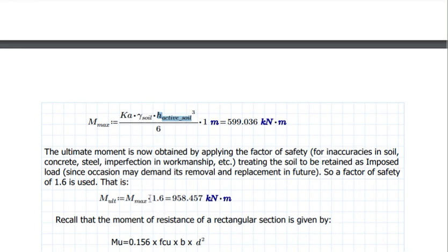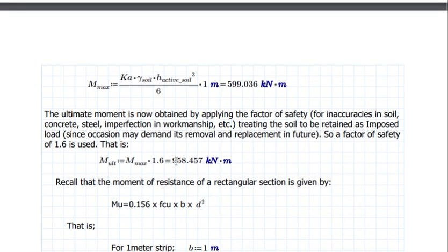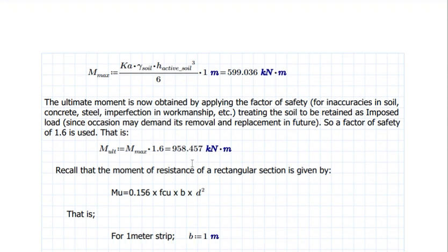In BS code, we have our magnification factor to be 1.6 for live loads, which is why we are multiplying it by this 1.6 factor, to make it 958 kilonewton meters. So now this is our design or ultimate moment for the retaining wall.